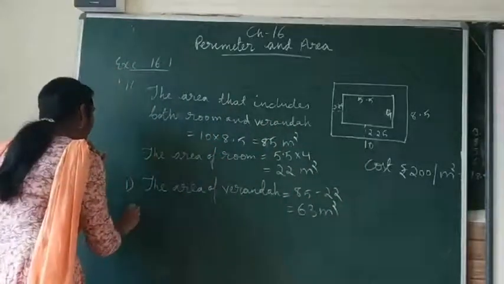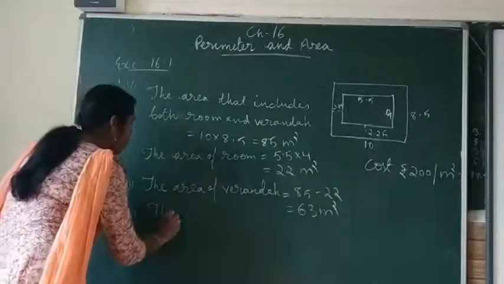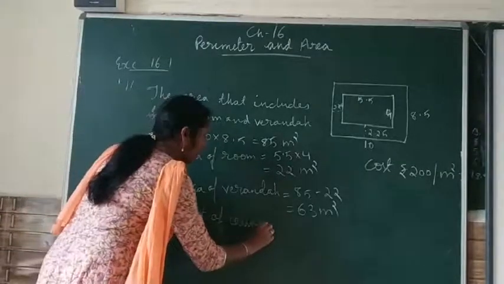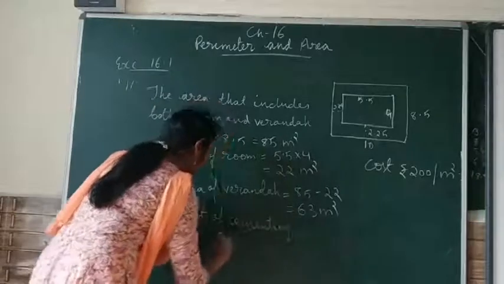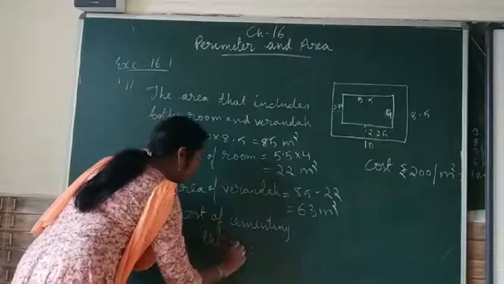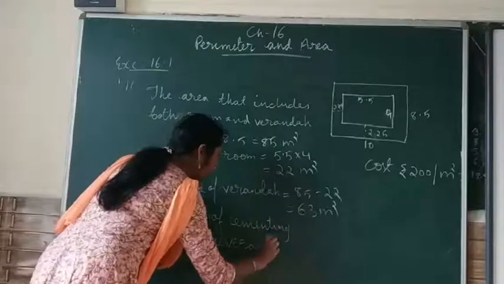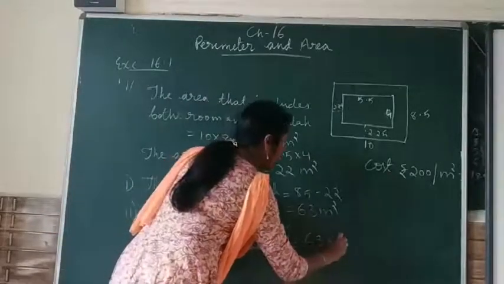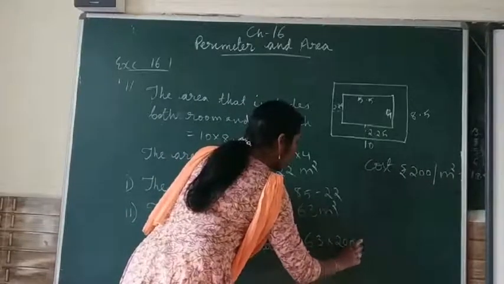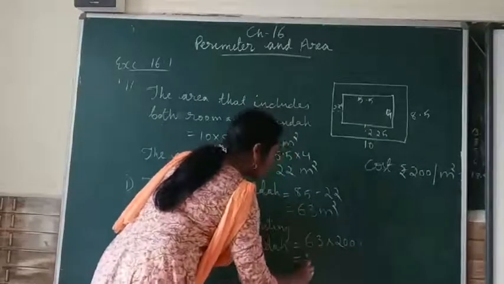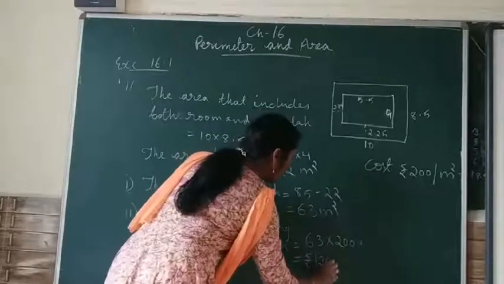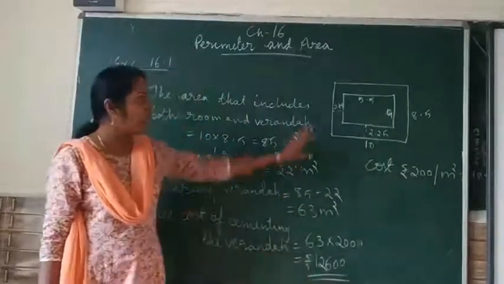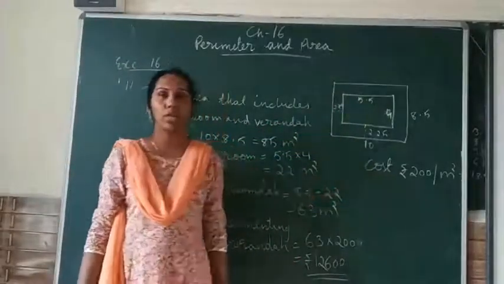So we can write the cost of cementing the veranda is equal to 63 into 200, that is equal to rupees 12,600. So this is the cost of cementing the veranda at the rate of rupees 200 per meter square.